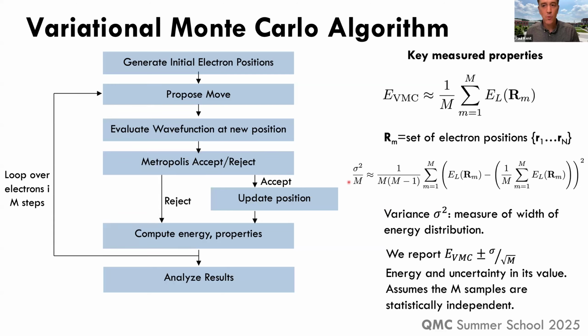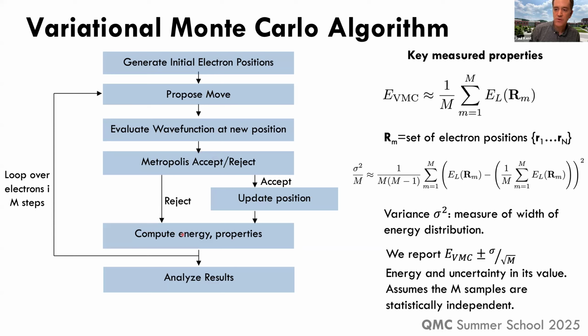Just to say a little bit about what the codes do, of course, no one here needs to implement that unless you're super motivated, because there are many codes, including QMCPACK, that implement this. We have some initial generation of electron positions. We're going to propose moves. We evaluate the wave functions at new positions. We have a Metropolis accept-reject. And if we accept, we do some bookkeeping to actually update the position.